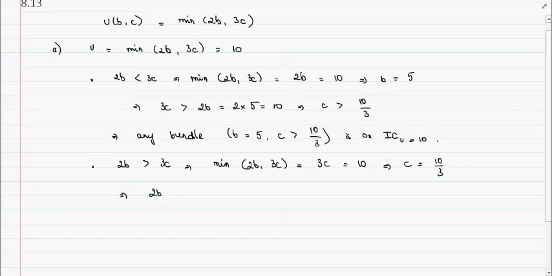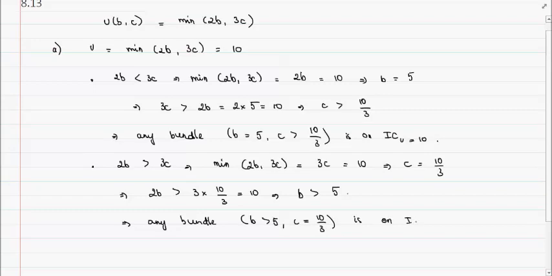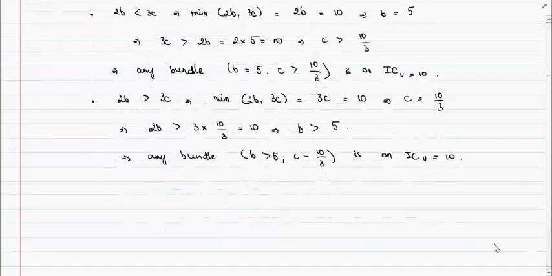We want 2b to be bigger than 3 times c, which is 3 times 10/3, equal to 10. So b has to be bigger than 5. Any bundle with b bigger than 5 and c equal to 10/3 is on the indifference curve with a utility level of 10. All of these bundles are on the same indifference curve.